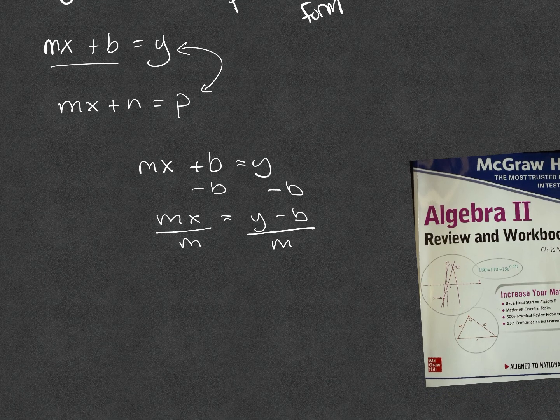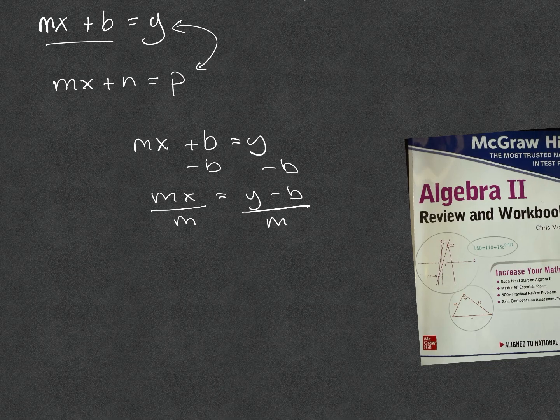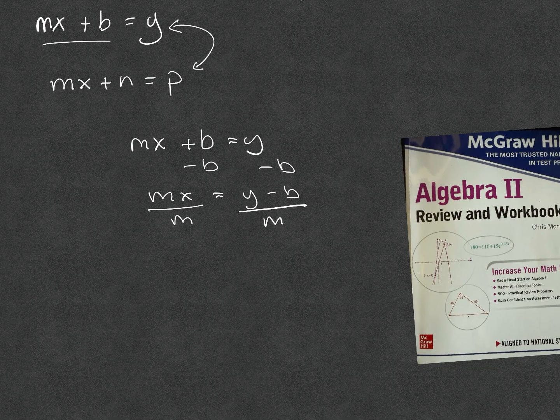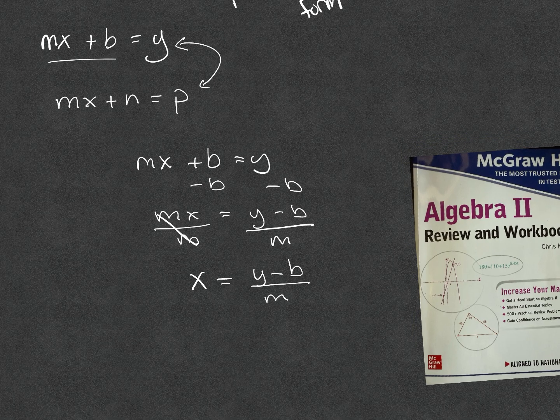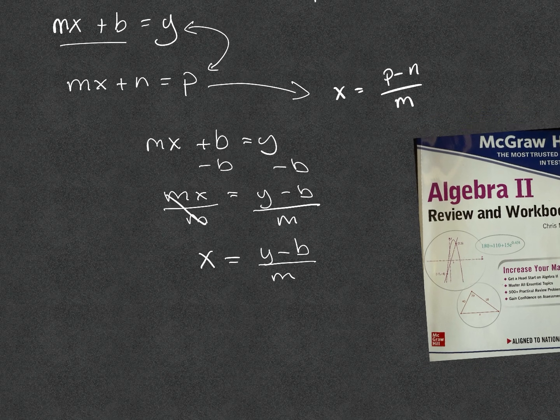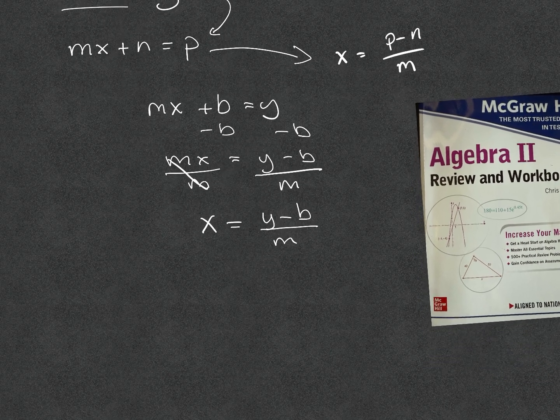The law of equality states that what you do to one side, you must do to the other. That gives us the solution for x, and if I used these variables, it would look like this. Either way, that would be the solution.